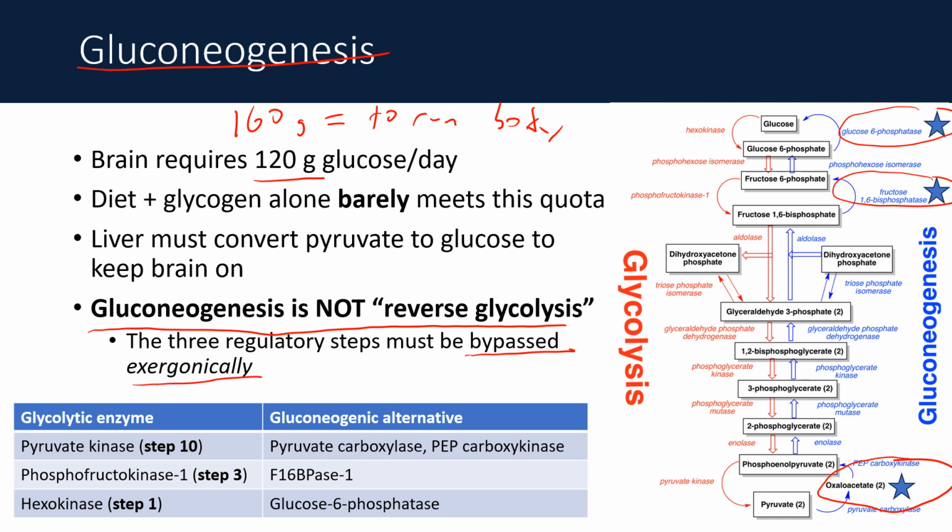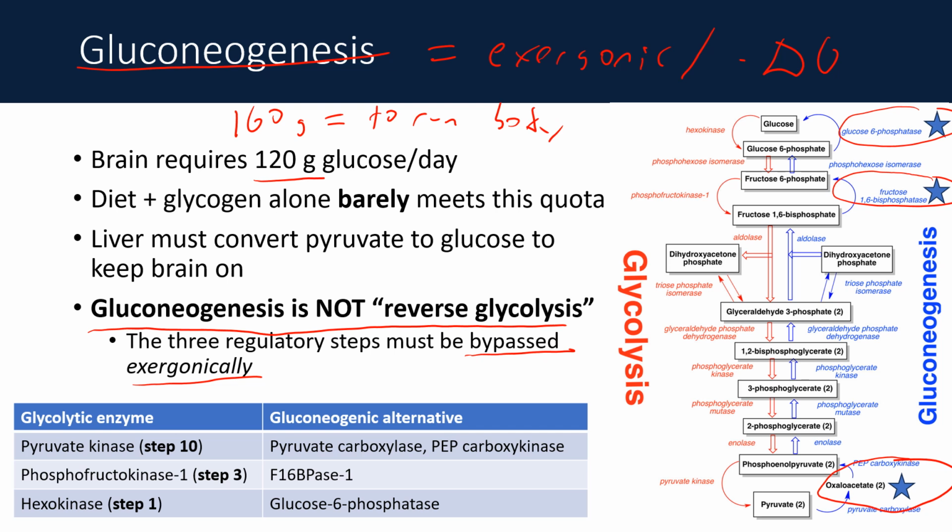Think of it this way. If gluconeogenesis were truly the reverse of glycolysis, it would be a very endothermic process, but that's not true. Both pathways are going to be exergonic, negative delta G. How do we ensure that both processes are spontaneous?